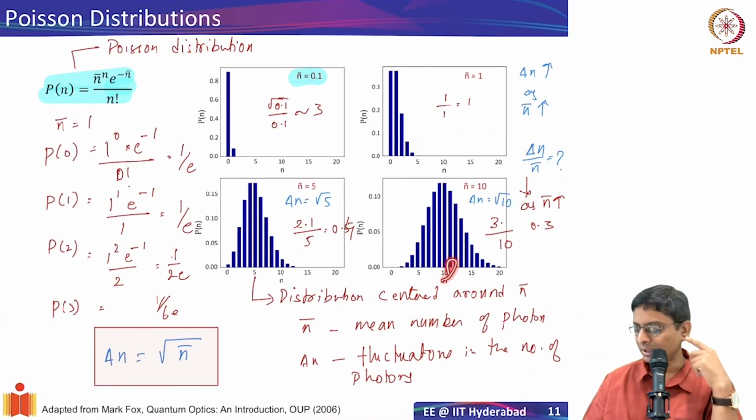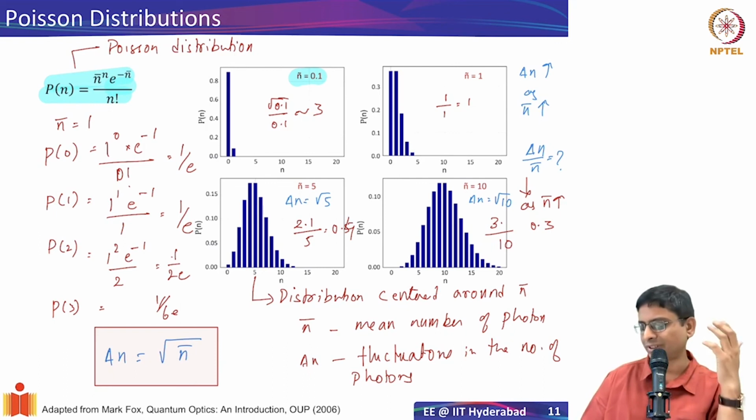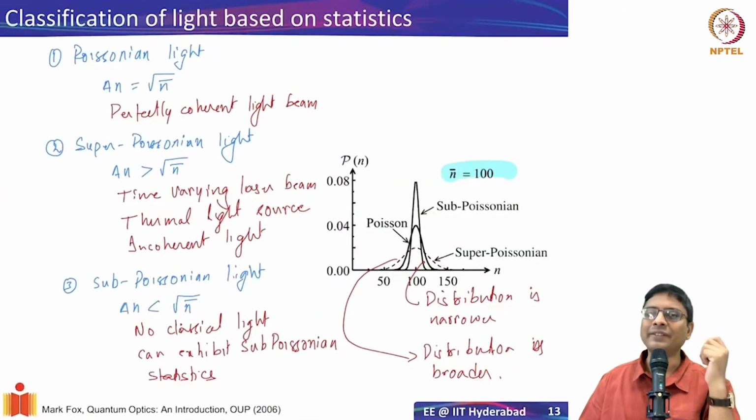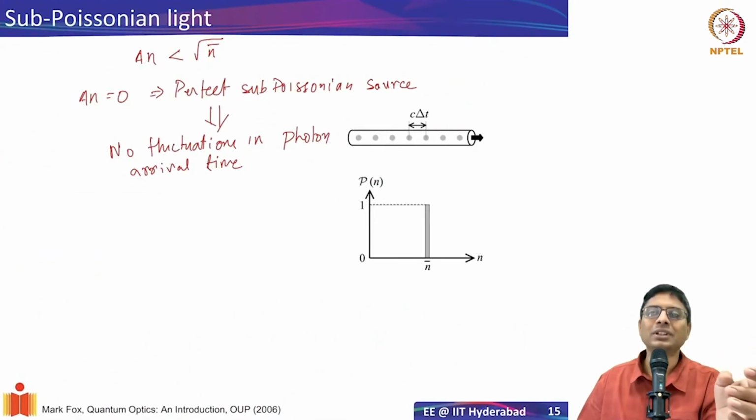Even if you take n bar of 10, the probability is only 0.13 or something like that. So even though the average number of photons is 10, there's only 0.13 probability of finding it when you make a measurement. But if you have a perfectly sub-Poissonian source, if you make a measurement, you will always find n bar, the average number of photons.